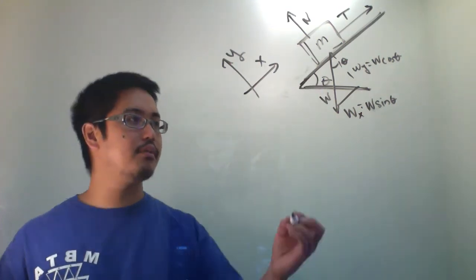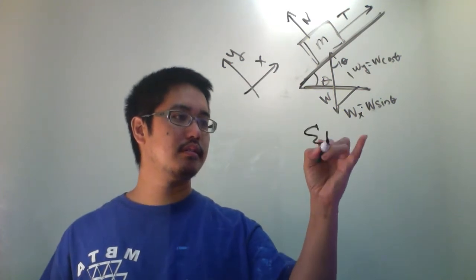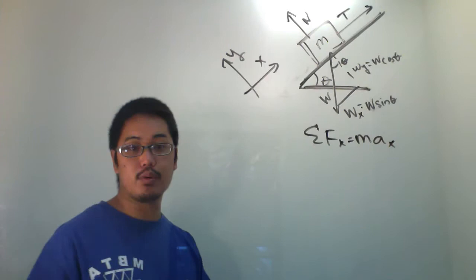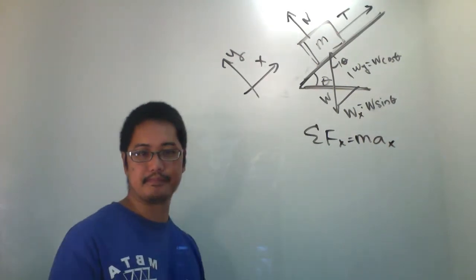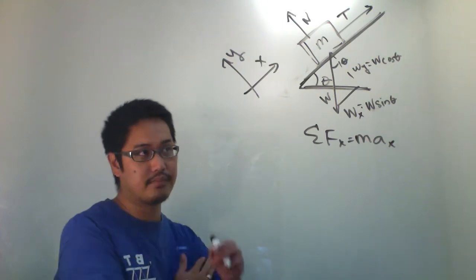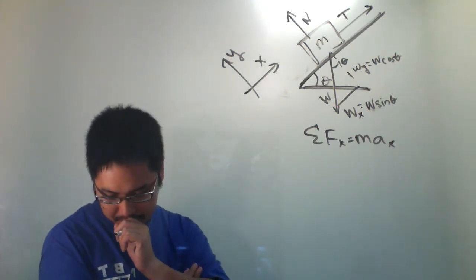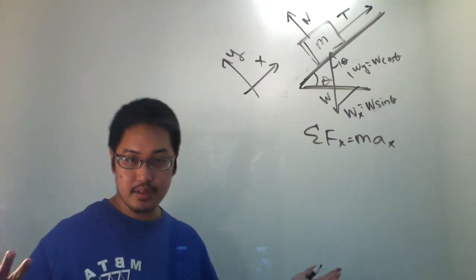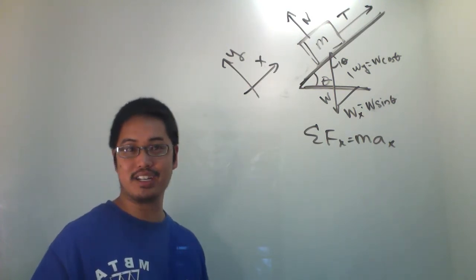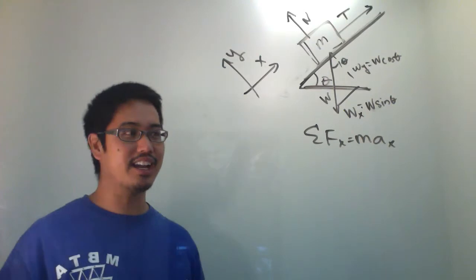So let's add up the forces in the x direction. Is the person accelerating in the x direction? No, no acceleration. You better hope he's not accelerating down that icy slope, or else he's going to die.